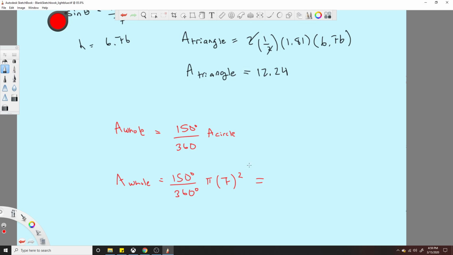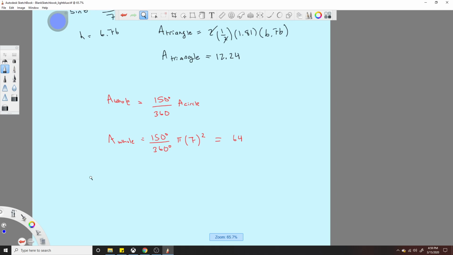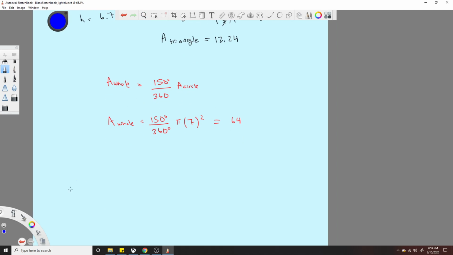And that's going to be equal to roughly 64. And remember, the FE is always a lot of rounding and stuff. So then A shaded would simply be the whole entire area minus that triangle. 64 minus 12.24. And that's going to be equal to roughly 52.